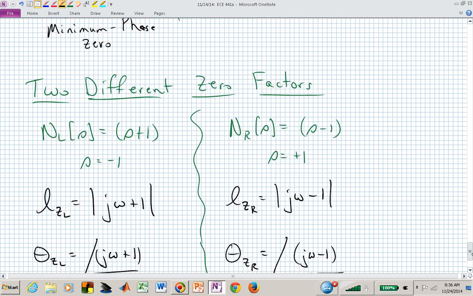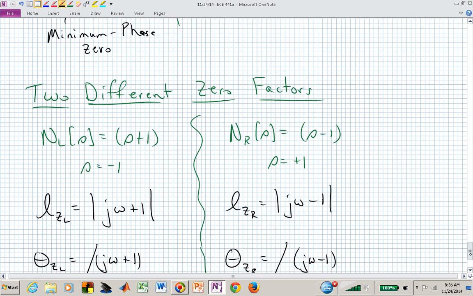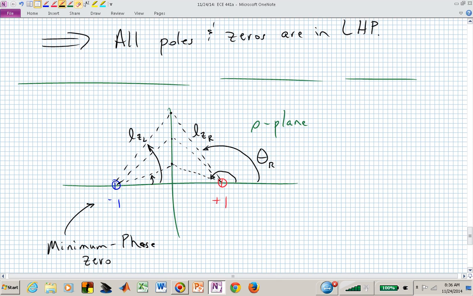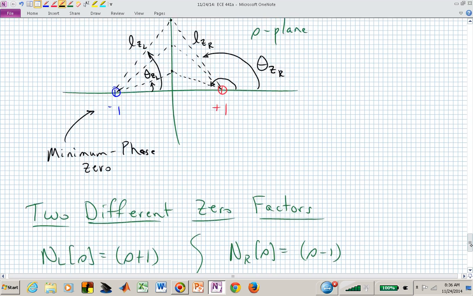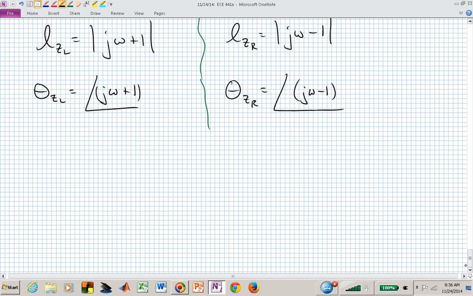And the angle is where this minimum phase comes in, so this is now theta Z right. And this is theta Z sub left. And hopefully it's clear that the one on the left is the minimum phase, and the one on the right is actually called non-minimum phase. Here's the minimum phase.